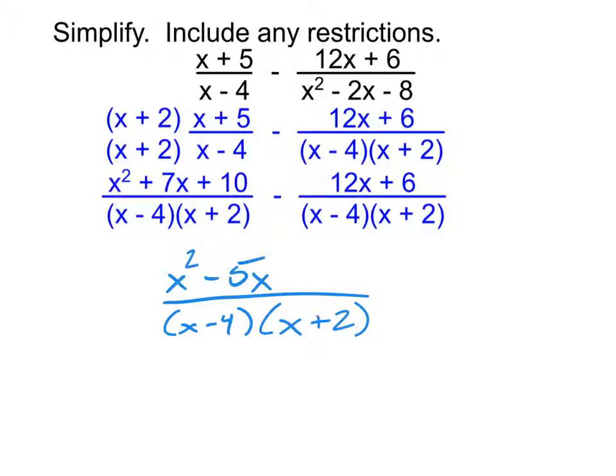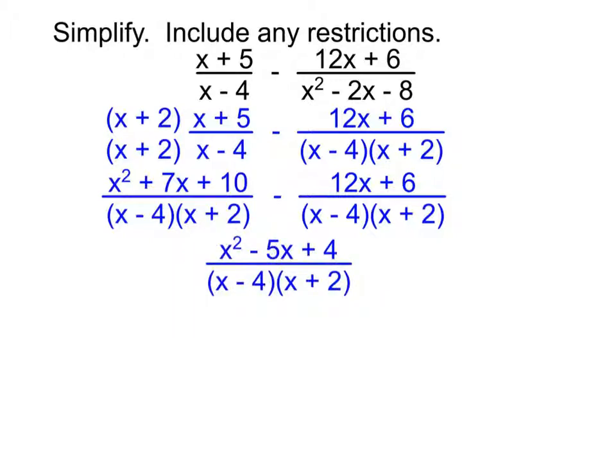So I am subtracting the 6, just like I subtracted the 12x. And so I'm actually going to be doing 10 minus 6, which is 4. And so this is what we get when we actually do the subtraction: x squared minus 5x plus 4 all over the whole x minus 4 times x plus 2.